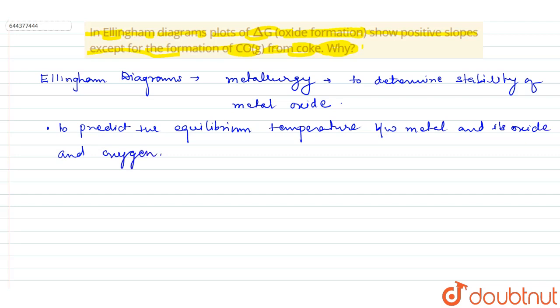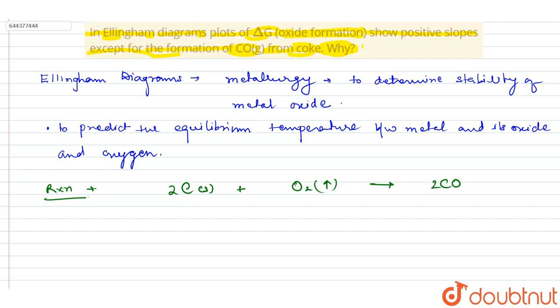Now here they are talking about the reaction of coke and the formation of carbon monoxide. The reaction that takes place is coke, that is solid carbon, plus oxygen gas gives us carbon monoxide. To balance, this will be 2 here and this will be 2. Now this is balanced.